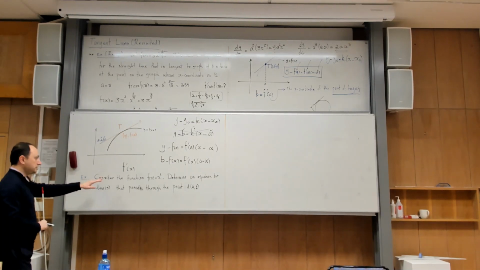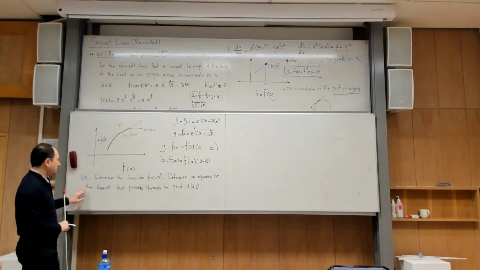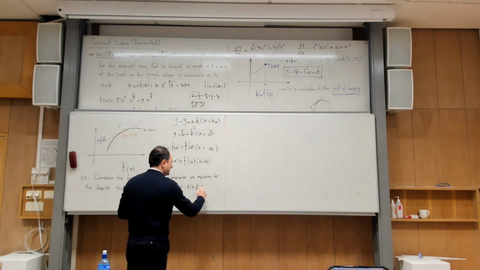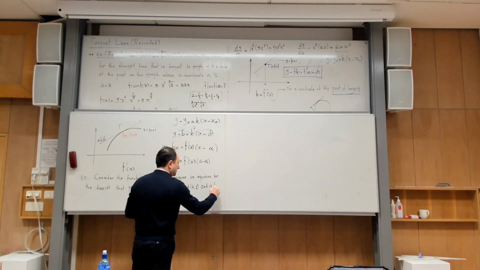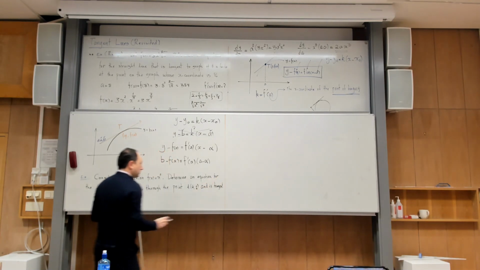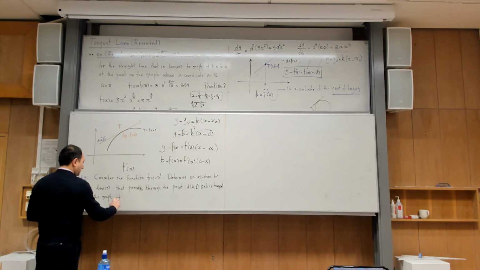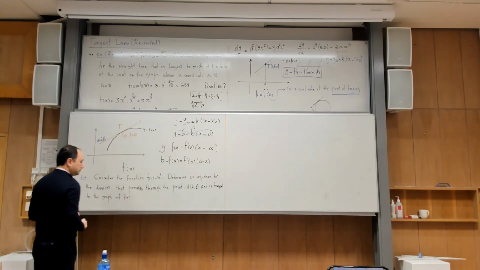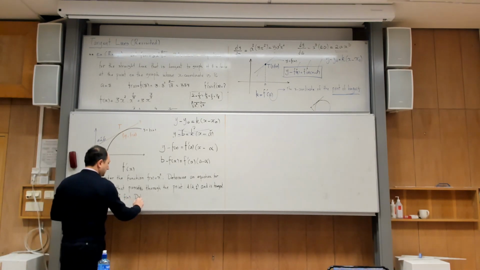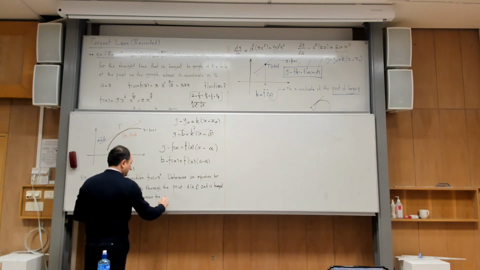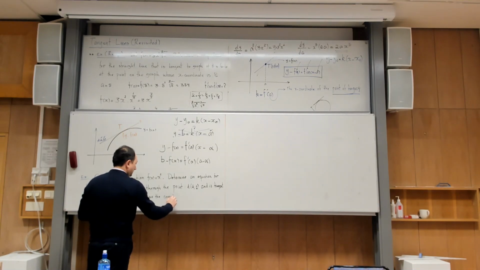So consider the function f of x equals x squared. Determine an equation for the line that passes through the point and is tangent to the graph of f of x. Determine the coordinates of the point of tangency.